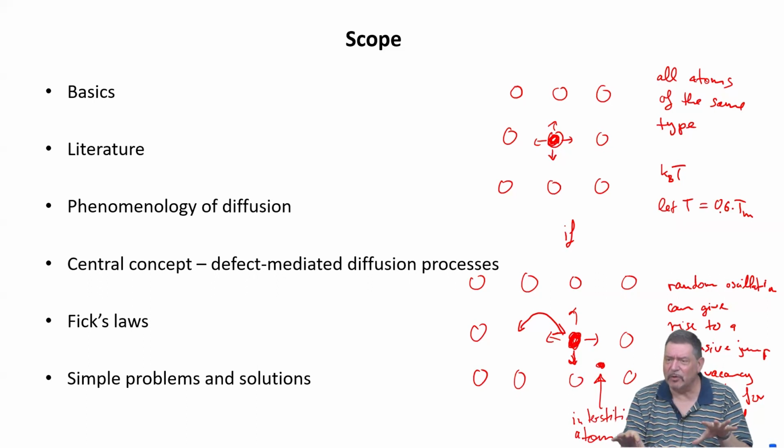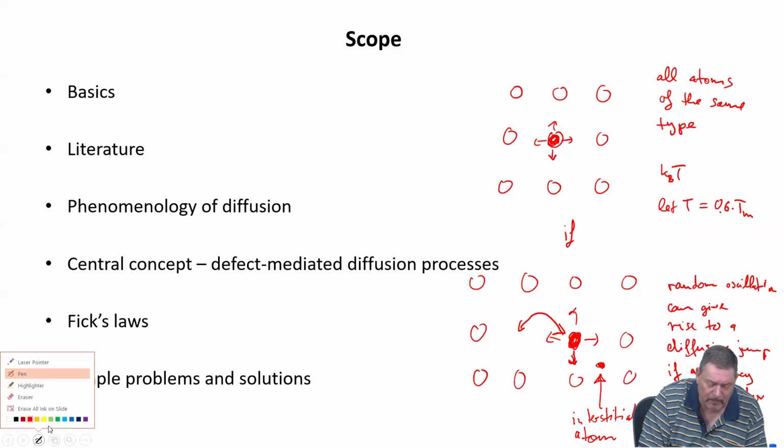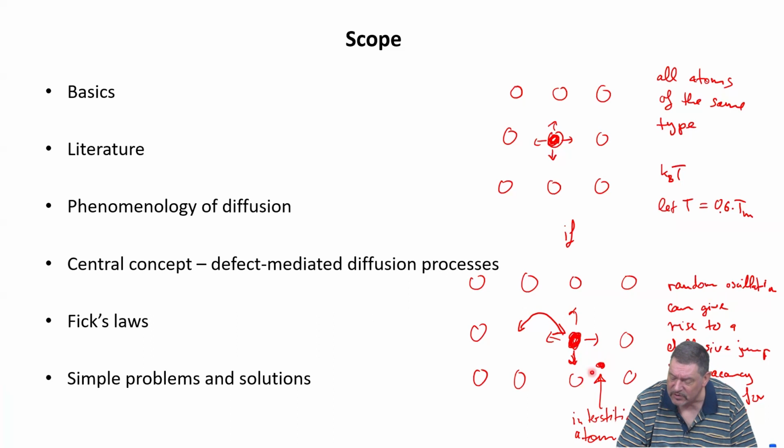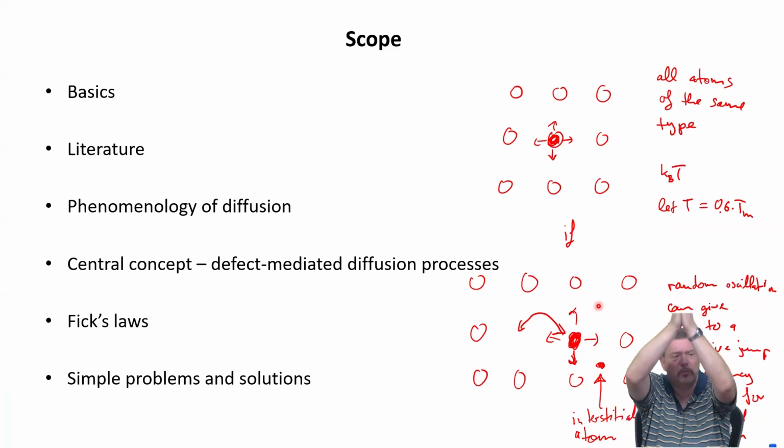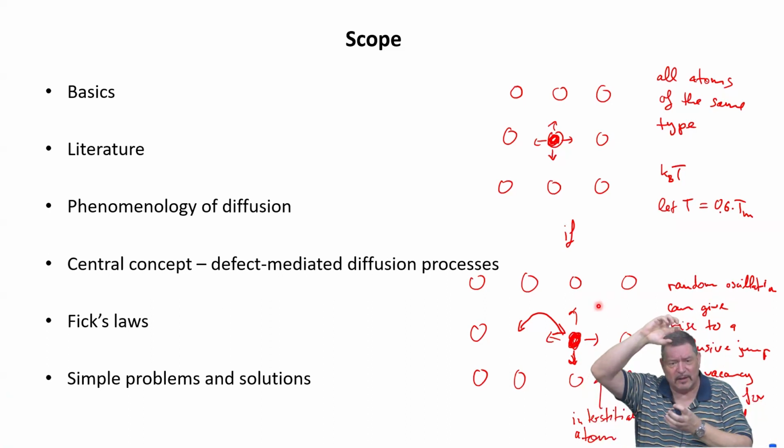Under the same conditions, same base material, same temperature, 0.6 melting temperature, which one would be faster, substitutional or interstitial diffusion? Interstitial, yes. Why? Yes, they occupy the octahedral site, but still, if it wants to go from this position here to this position, it's the same thing, right? It needs to push through the atoms which separate the octahedral sites.